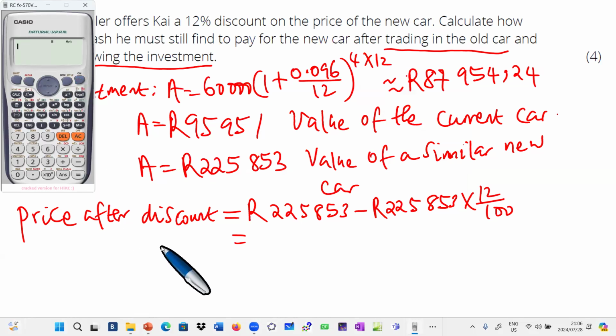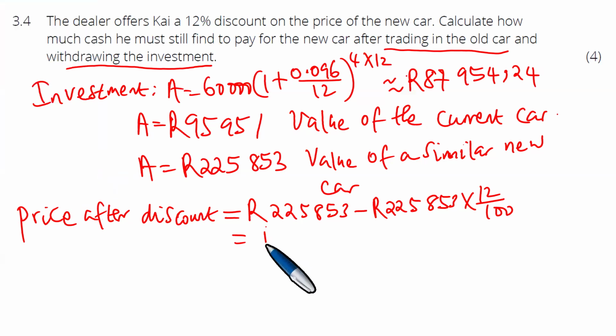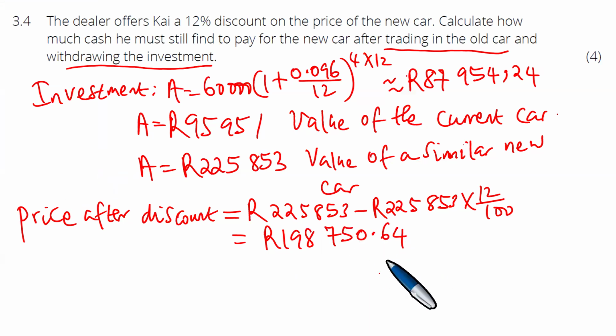So you're going to have, for example, 225,853 minus 0.12, which is 12%, times 225,853. That gives 198,750.64.